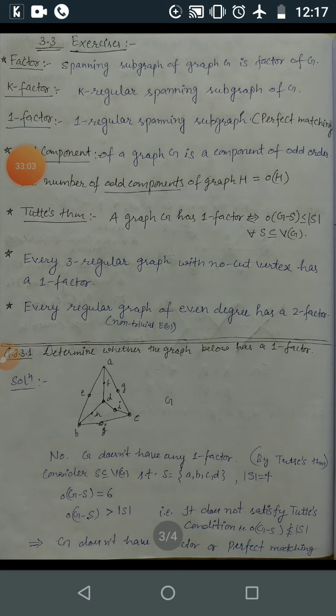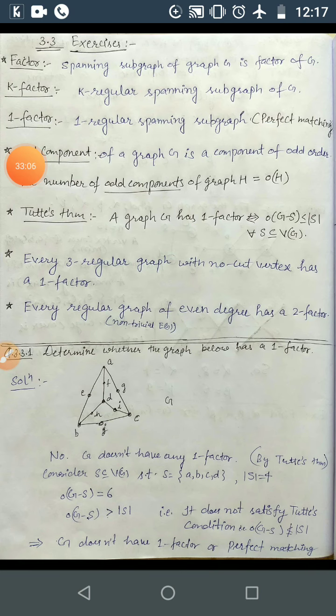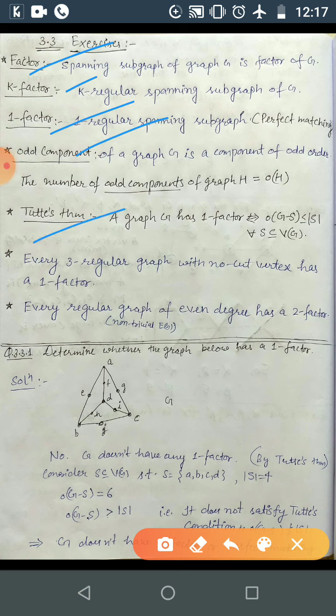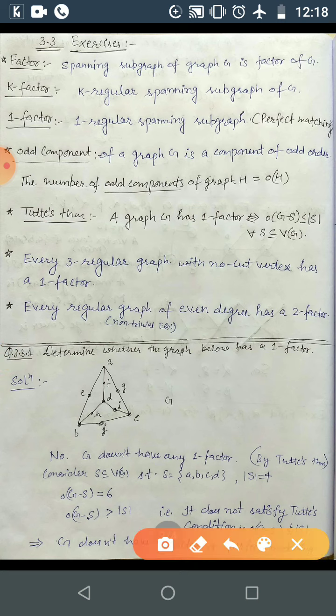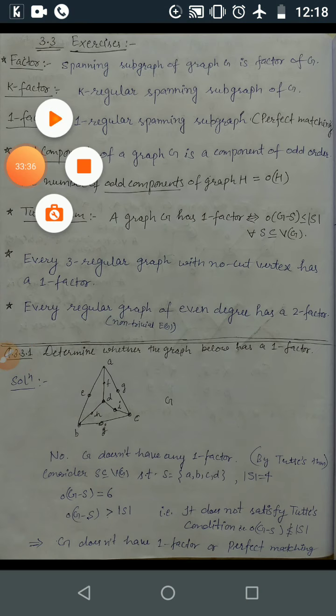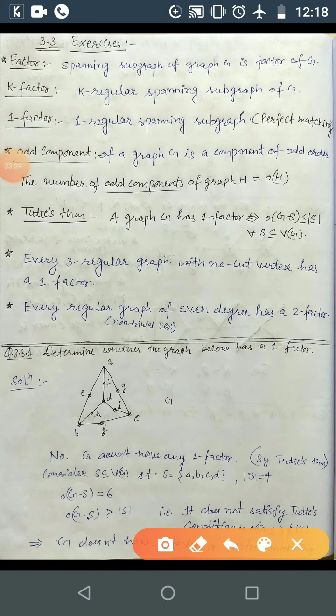Now come to the exercise. So here again I have defined k factor, 1 factor, odd component, Tutte's theorem, that is the Tutte's condition for one factor, and here this was a corollary: every 3 regular graph with no cut vertex has one factor, and this would be no cut edge.